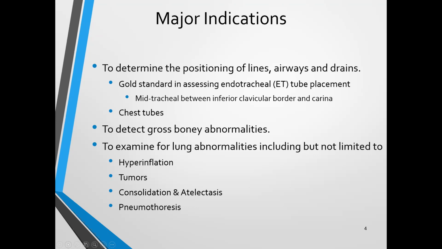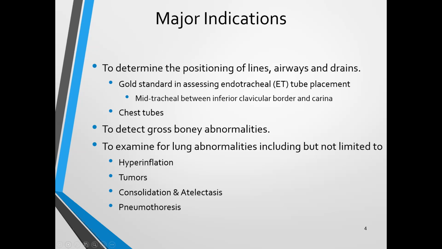Also to view the positioning of chest tubes, and in your older pediatric patients, it could be things like central lines, viewing, number one, that they're properly placed, and number two, that in the process of placing the central line, the patient didn't sustain a pneumothorax or pneumomediastinum.